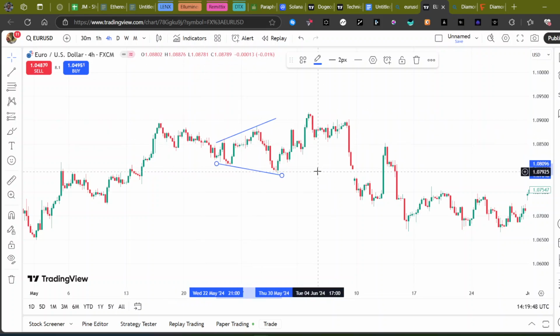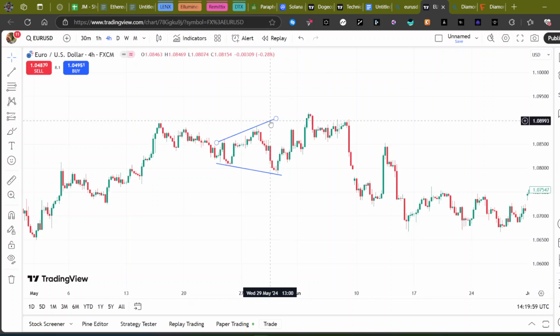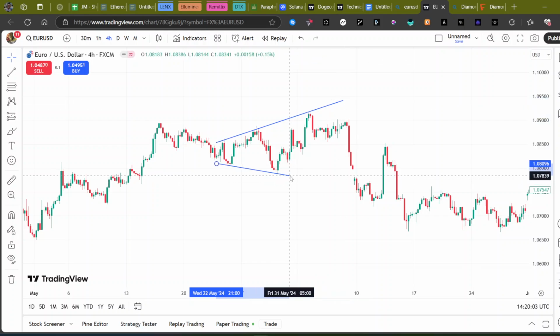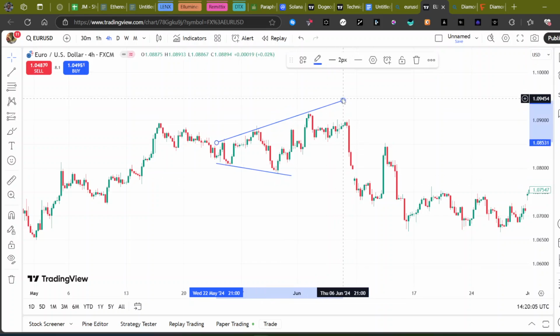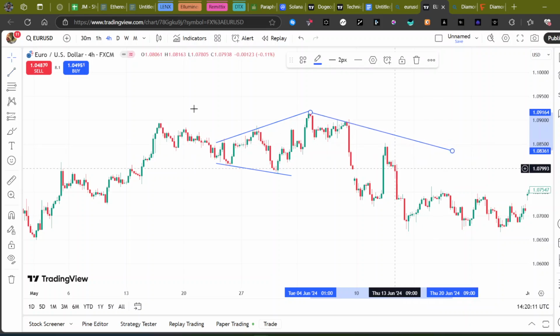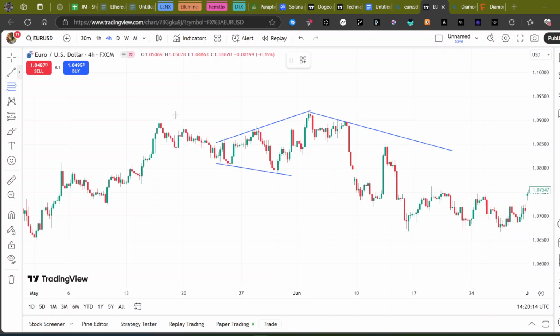Then you're going to find a tightening formation. Price will now start to make lower highs and higher lows. Let me extend this because it got up to this point. Price will start to make lower highs. We can see this is lower highs, and higher lows.